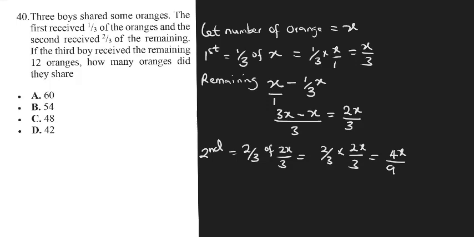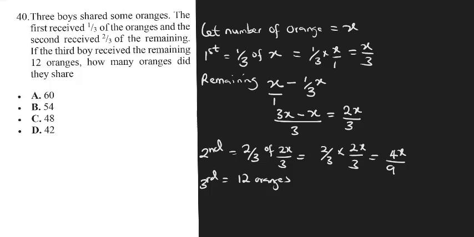Then the third boy received the remaining 12 oranges. So the third person received a total of 12 oranges. So how are we going to get the total number of oranges? Of course, by adding the first person, the second, and the third person, we're going to get the total number of oranges, right?